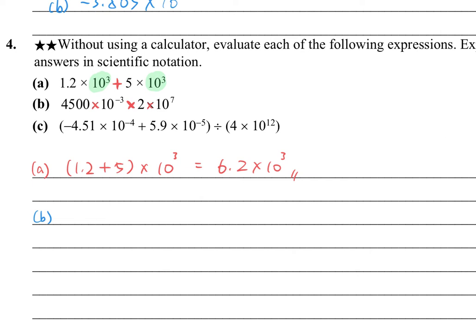So actually we can rearrange the number. 4500 can be multiplied by 2, and then the powers of 10 can be combined together also. So 4500 times 2, this is 9000. 10 to the power negative 3 times 10 to the power negative 7, it is 10 to the power 4.